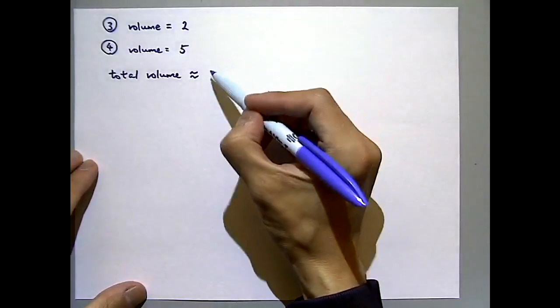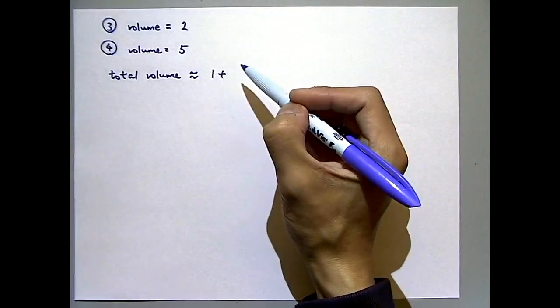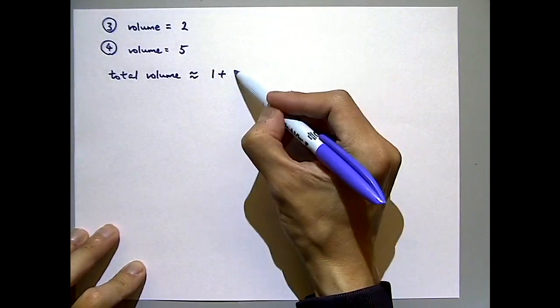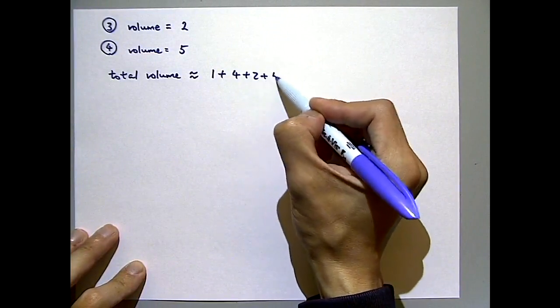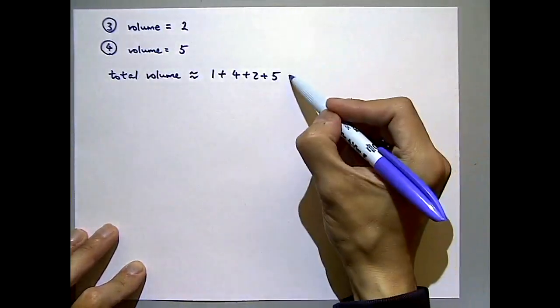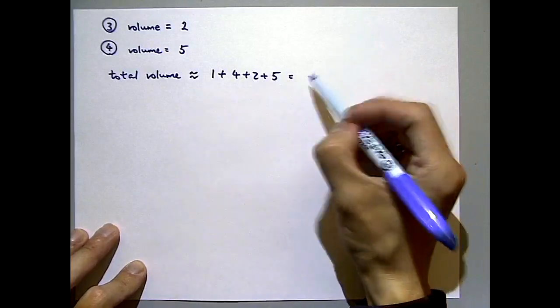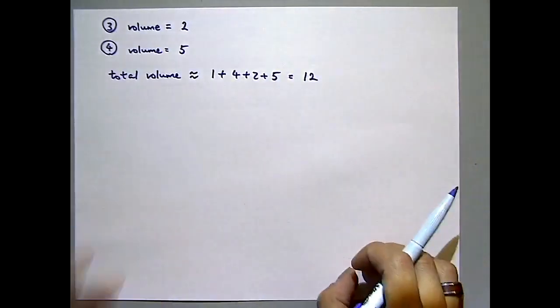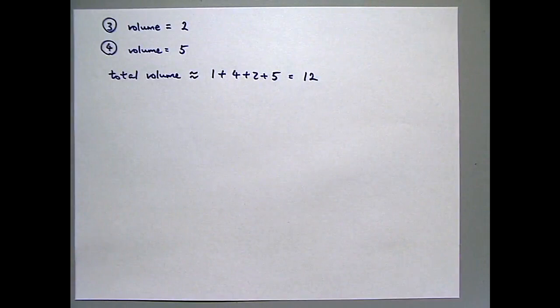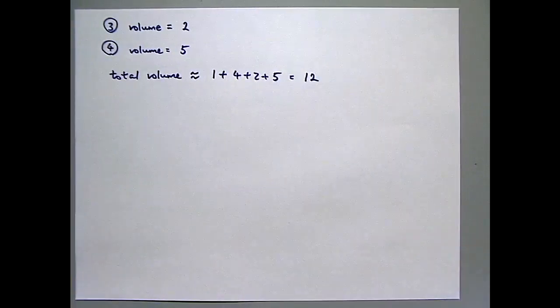And this will be, of course, 1, the first bar, the second bar, the third, and the fourth. So that's equal to 12. All right, does that make sense? Let me see heads nodding and heads shaking. Make sense? Good.